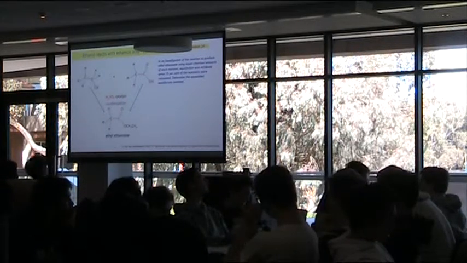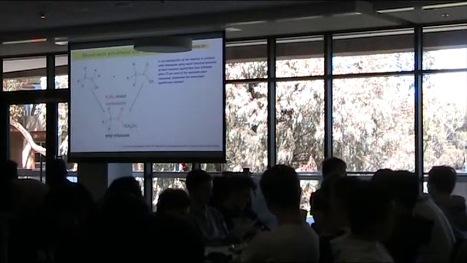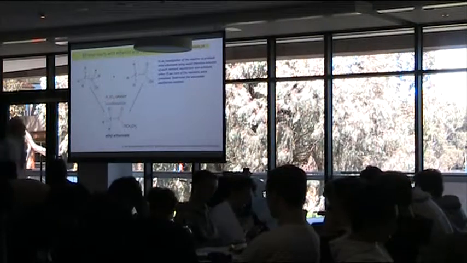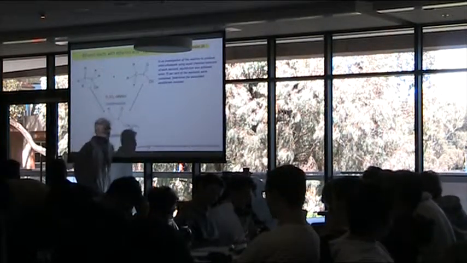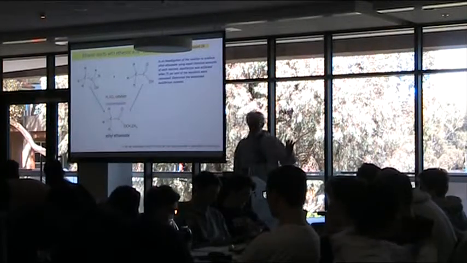In an investigation of the reaction of ethyl ethanoate using equal chemical amounts of each reactant, equilibrium is achieved when 75% of the reactants are consumed. Determine the associated equilibrium constant.